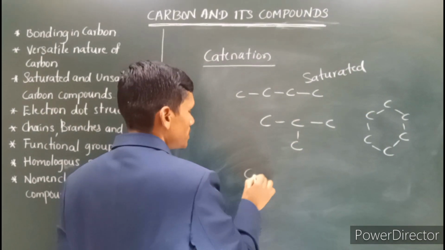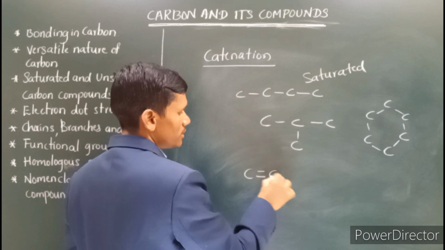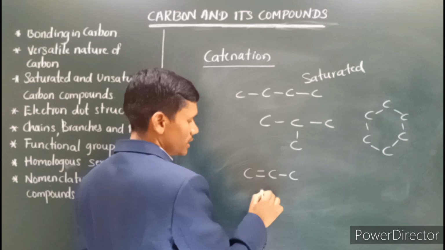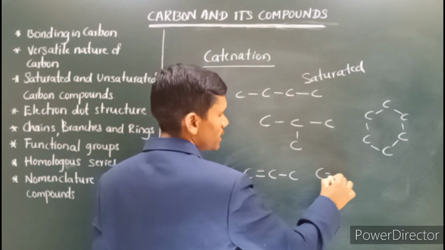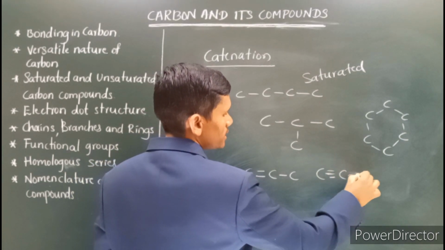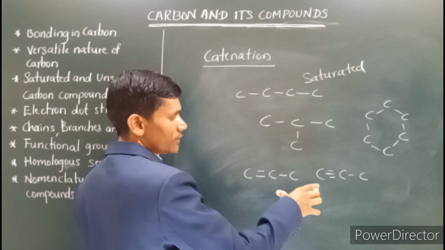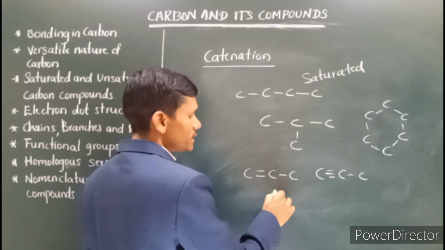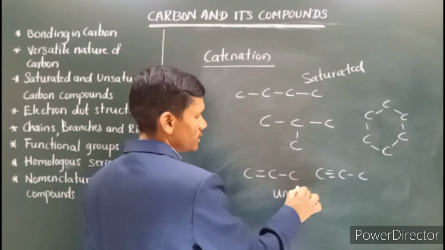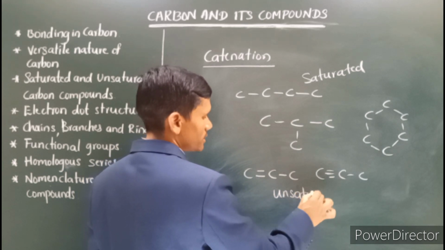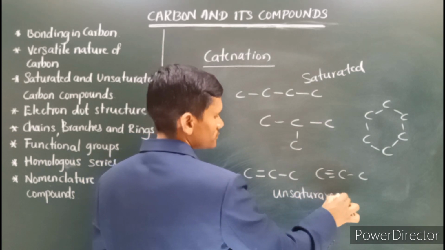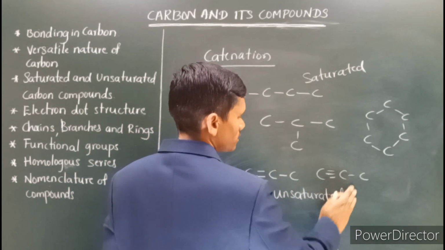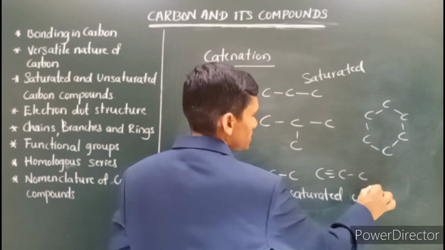And if the carbon compounds have a double bond or a triple bond between the carbon atoms, then these types of carbon compounds are called unsaturated hydrocarbons. These are unsaturated carbon compounds.